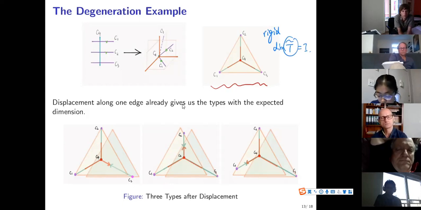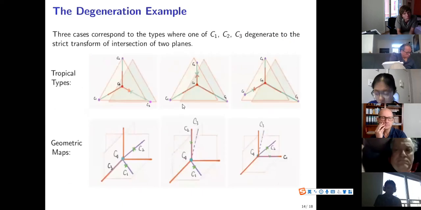Okay. So in this case, displacement along one edge already gave us the types that we want of the expected dimension. And from here, we can see that if we displace it, maybe along this direction a little bit, we will obtain 3 separate types. And in the first case, it will correspond to C1, C2 mapping generally, and C3 degenerating into one of the strata. Yeah, so I have another picture over here trying to explain this.